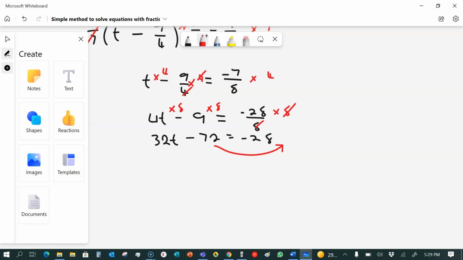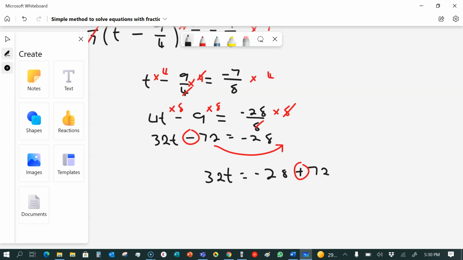So that means now on the left-hand side, we're now left with 32t, which is equal to minus 28 plus 72. All right? Very important to notice that the sign has changed because we have switched the sides. All right? And minus 28 plus 72 is the same as subtracting and taking the sign of the bigger number.